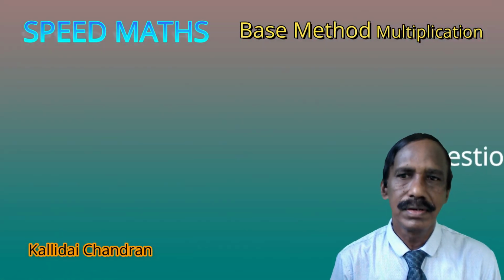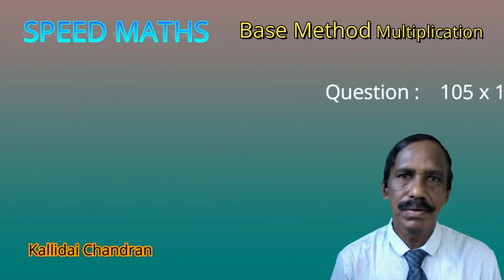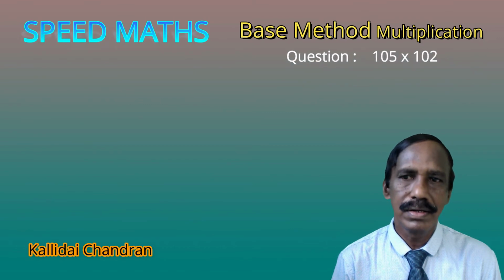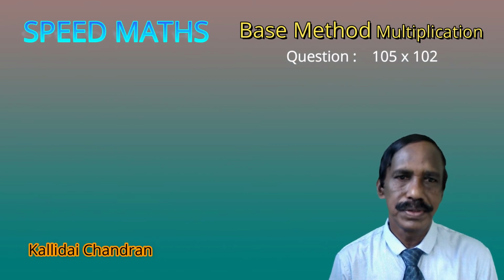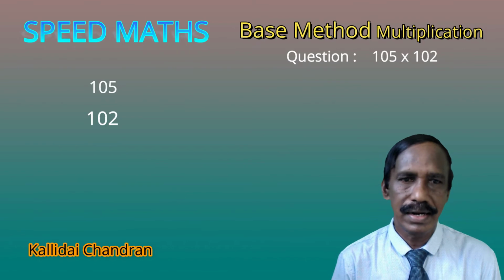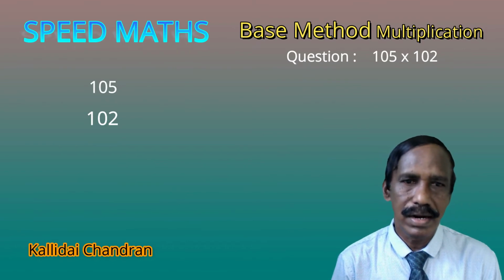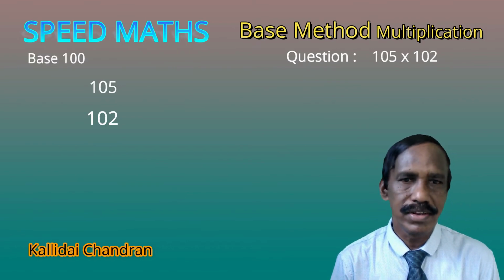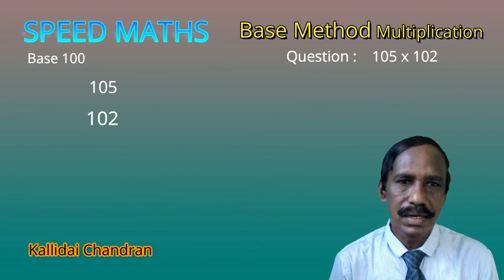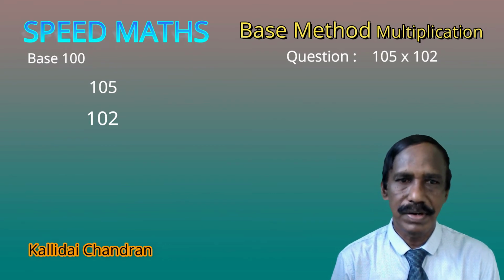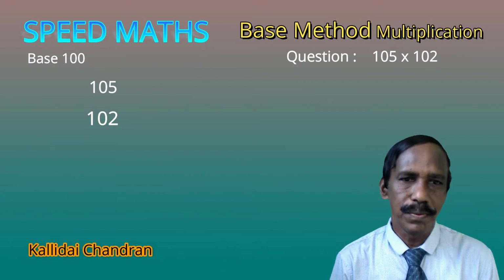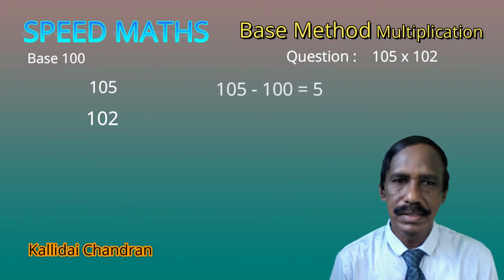Question is multiplication of 105 and 102. Base figure is 100 and write down 105 and 102 as displayed here. Then deduct the base figure of 100 from 105 and put the answer of 5 as displayed here.